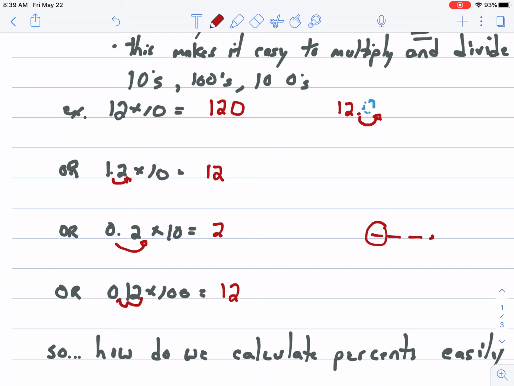This allows us to calculate percents really easy as well. So I'm just going to erase this stuff, and I want to show you guys this works exactly the opposite way as well. If I had 12 divided by 10, now I'm dividing, so I'm simply going the opposite direction.